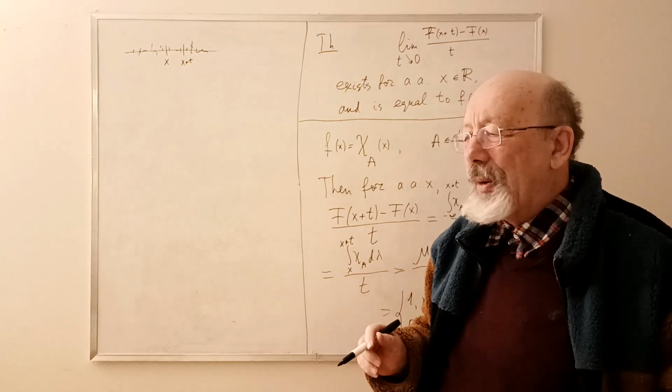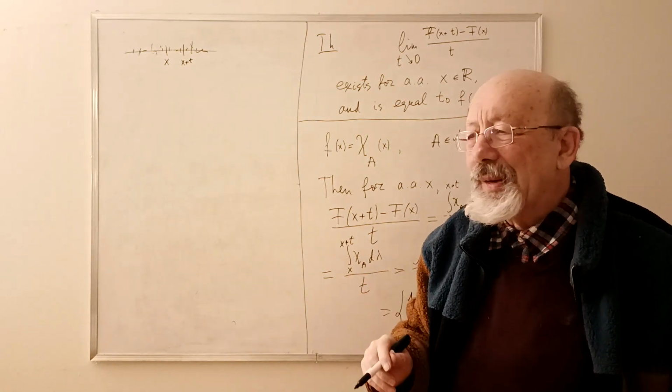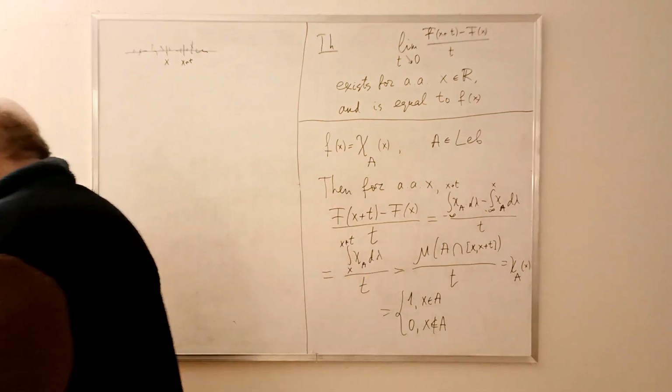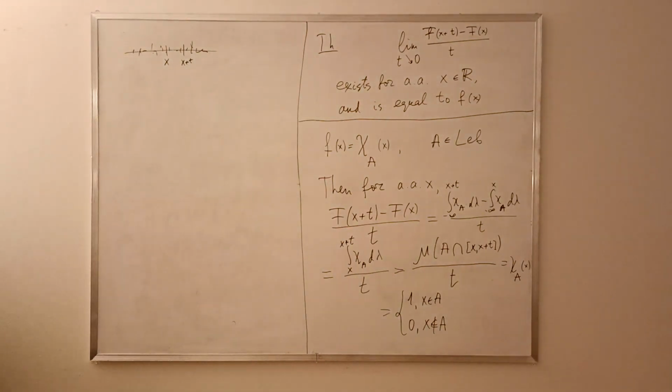Maybe I will ask you to produce this example. But for almost all points, for almost all x, the Lebesgue measurable set has density either 1 or 0.